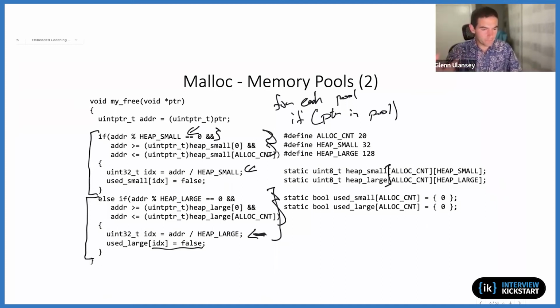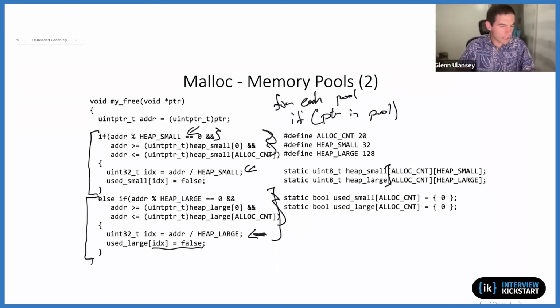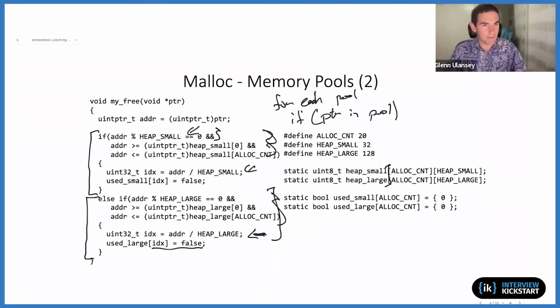And that kind of post-mortem Q&A, in my mind, is almost as important as being capable of implementing malloc in the first place. Because in my mind, most people can implement malloc in some way, shape, or form.